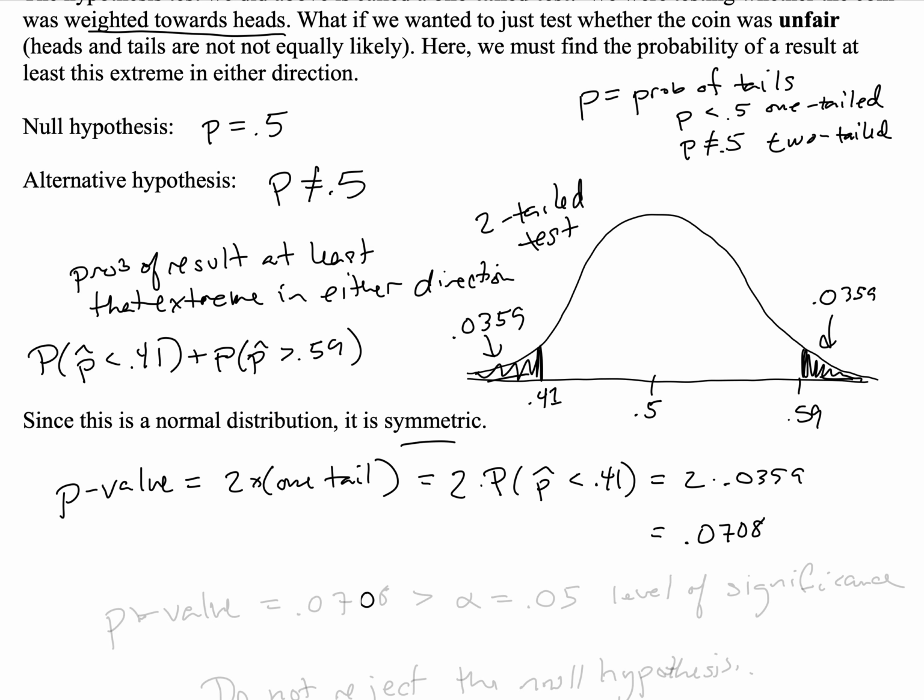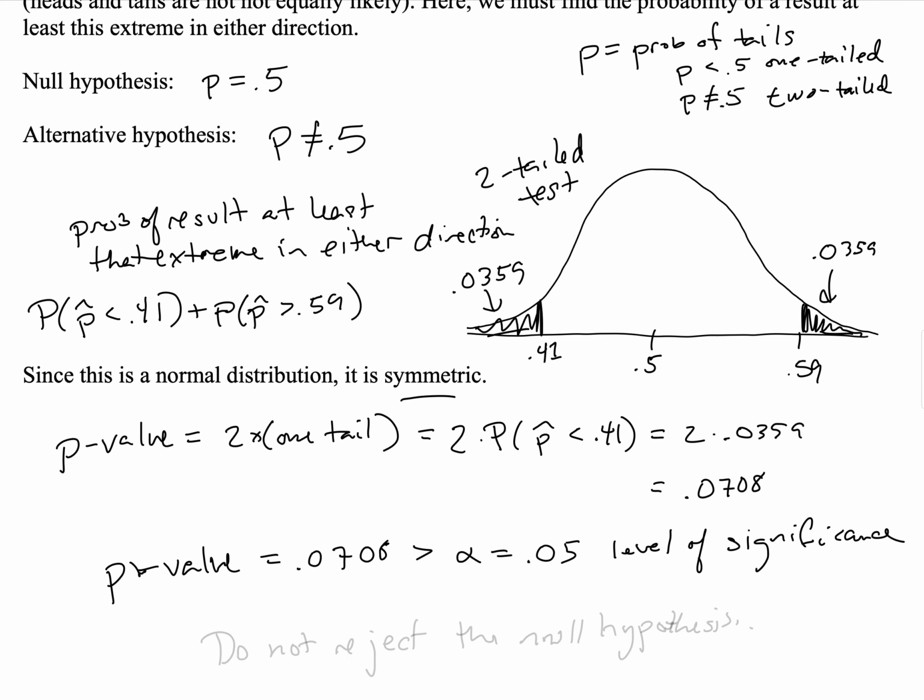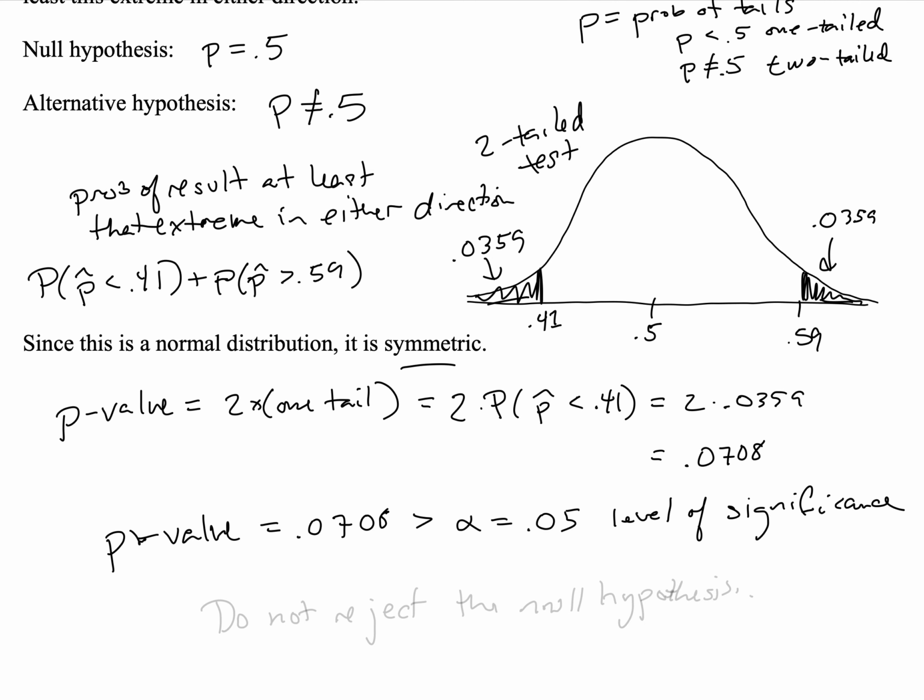So 0.0708 would be our p-value if we were doing a two-tailed test, just saying, is this coin skewed one way or the other? And in this case, since the p-value, 0.0708, is greater than alpha, the level of significance, 0.05. Remember, that's the cutoff point for determining whether something is unlikely enough to reject the null hypothesis.